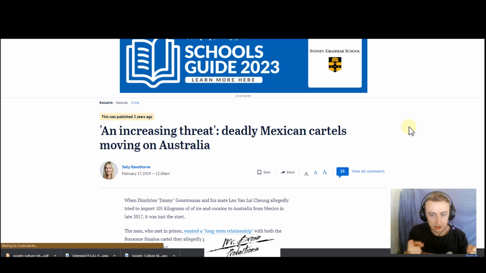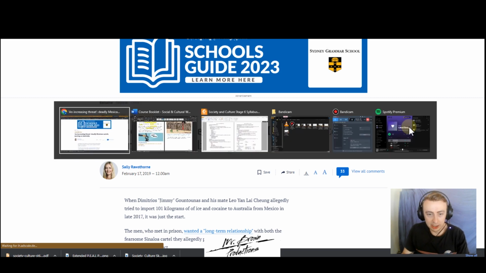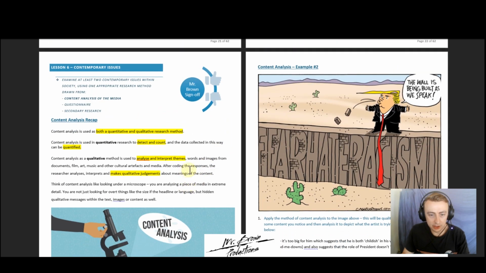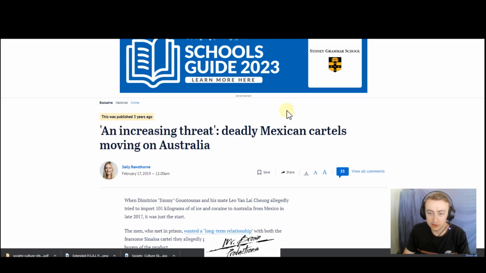So this is a research article. Remembering our definition of a content analysis, qualitatively we can interpret words, images, documents, or media. So we're going to analyze the themes, and then we might even do a bit of quantitative research, detecting and counting some bits of language that's used.